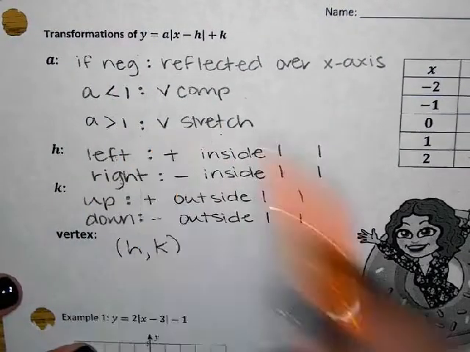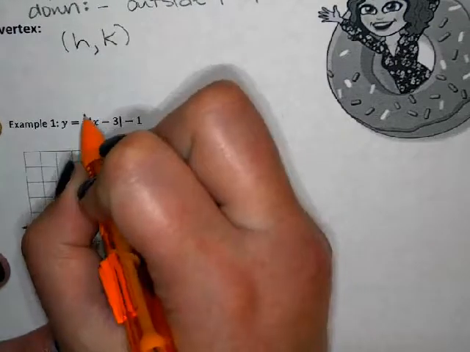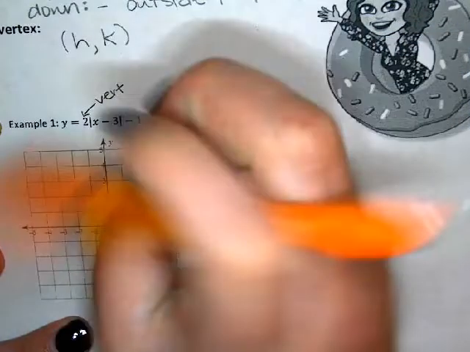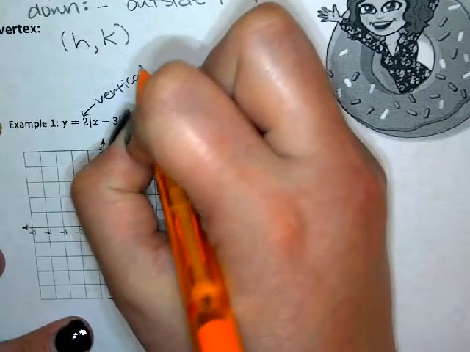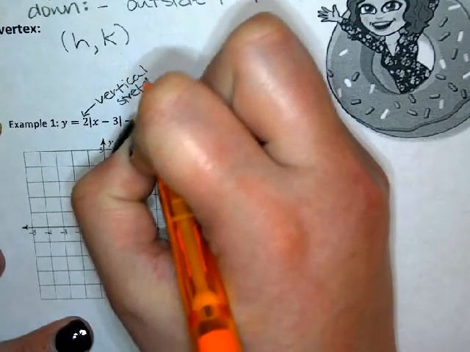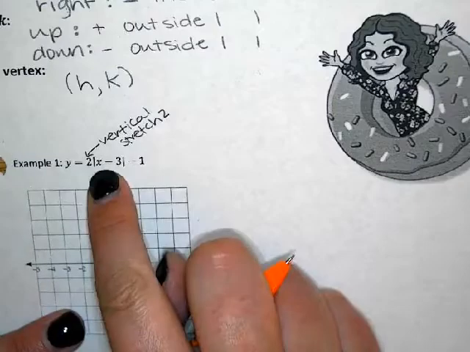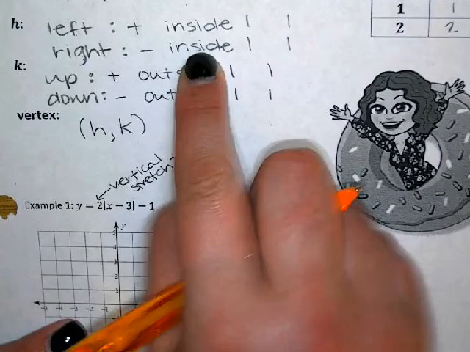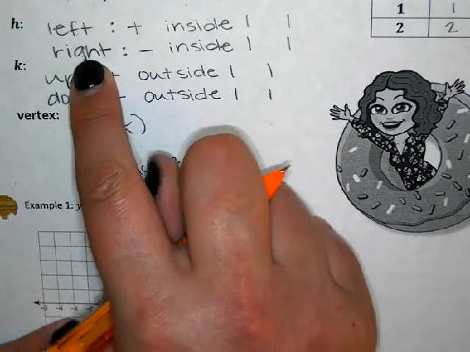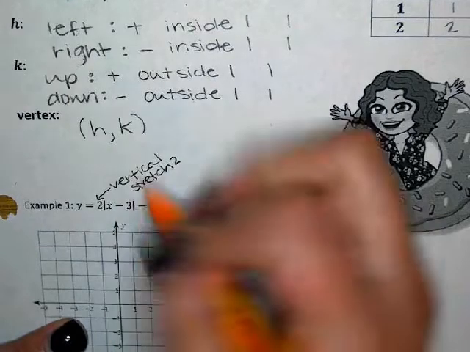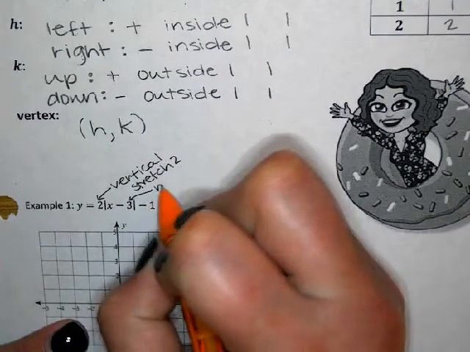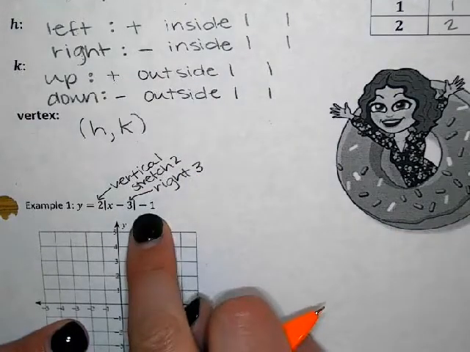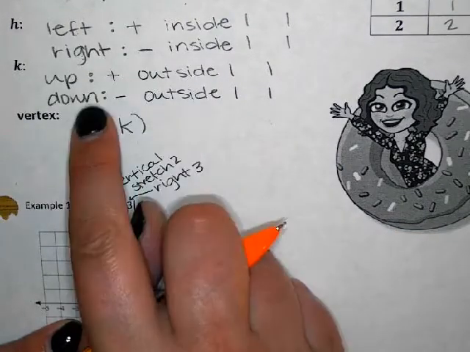So I'm going to say the 2 is a vertical stretch. And then inside, I have a minus on the inside, and so that means that it's moving to the right 3. And then I have a minus on the outside, and so that means it's moving down 1.